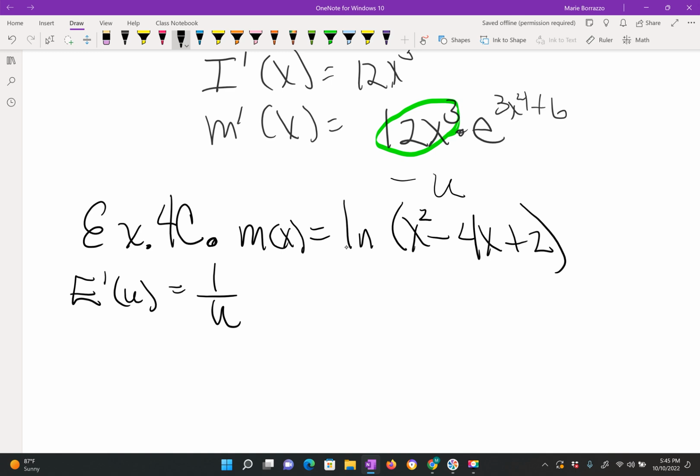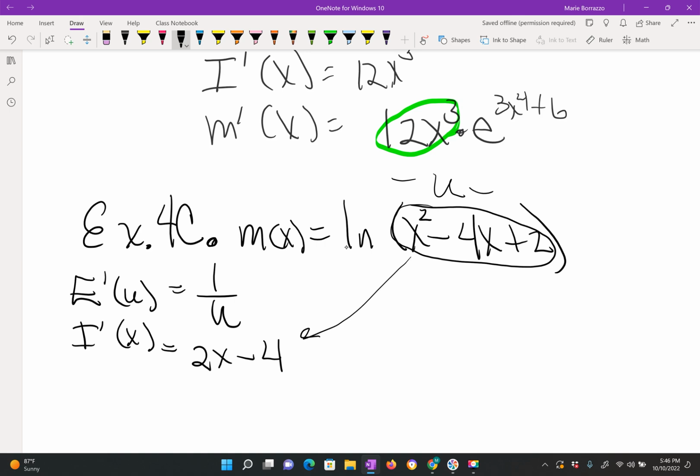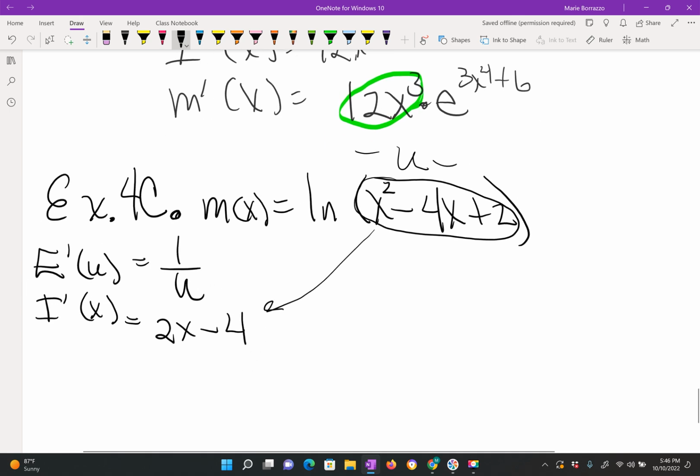So I'm just going to put this here to remind you. My I prime u, or I prime x in this case, is going to equal 2x minus 4. In other words, the derivative of this. That's where this is coming from.